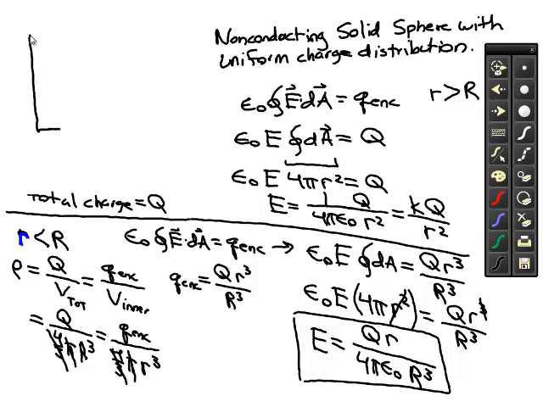So here's E, here's R, and here's the radius of the sphere. So if we're inside the sphere from 0 to R, here's the equation we just came up with that controls the E field, that tells us what the E field is like.